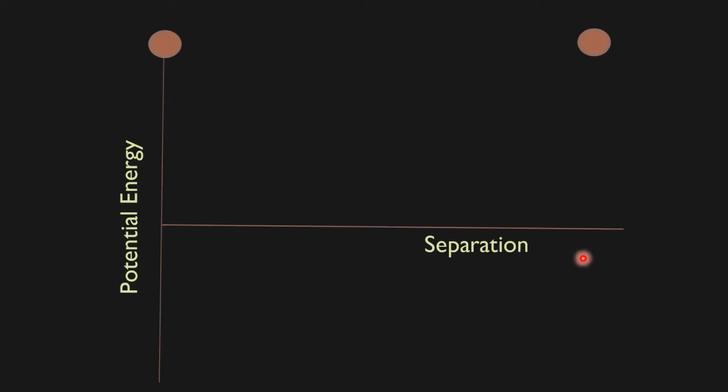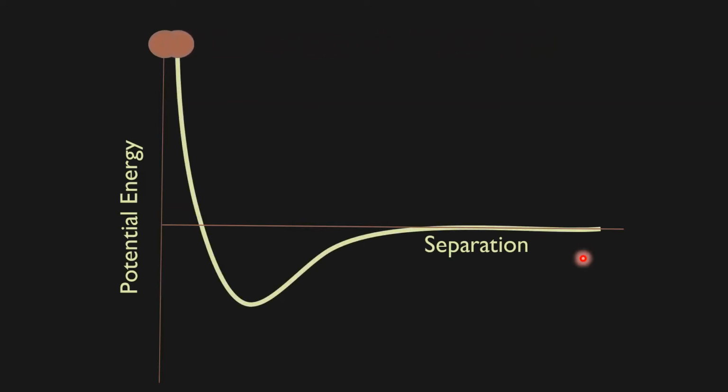Suppose we take two hydrogen atoms for simplicity and keep them far away. When they don't interact, their interaction energy is 0. But when they come closer, they start to interact, the energy goes down and reaches a minimum. And when you push them together further, their repulsive interactions dominate, and the potential energy becomes too high.